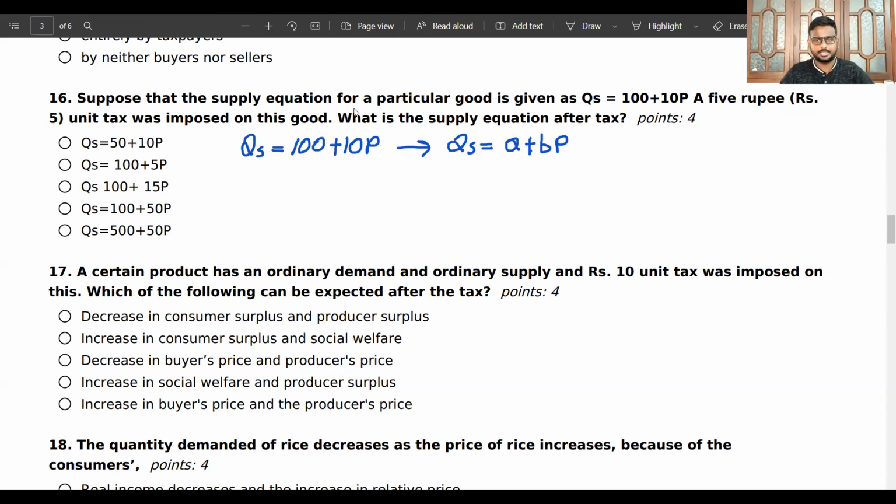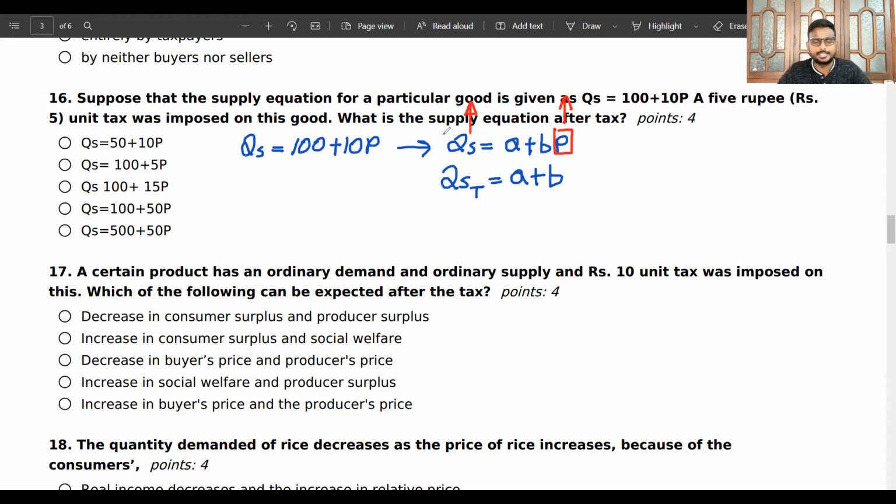Now they are saying this supply equation is there, but a 5 rupee tax is now being imposed on this good. In that case, when you are finding the supply equation after tax, the format of the supply equation changes a little bit, and it looks like this: A plus B. Earlier, you see, this price is pretty much what the producer gets by selling the product. Price is the producer's revenue from selling 1 unit. So when this price goes up, that means the producer's revenue from the product is going up, so they increase the supply.